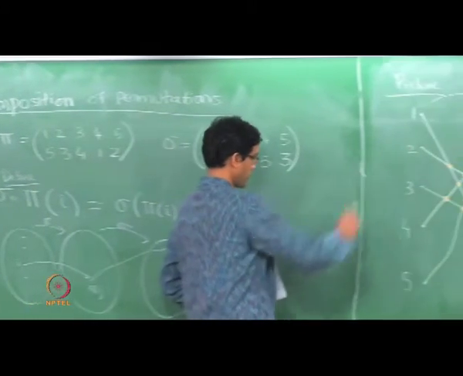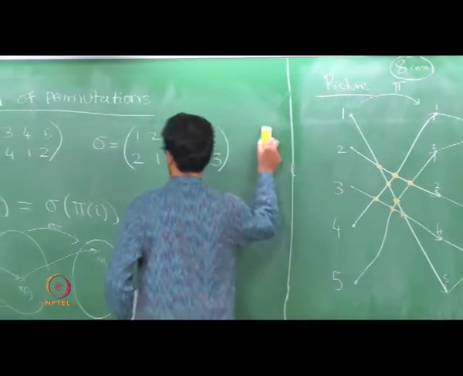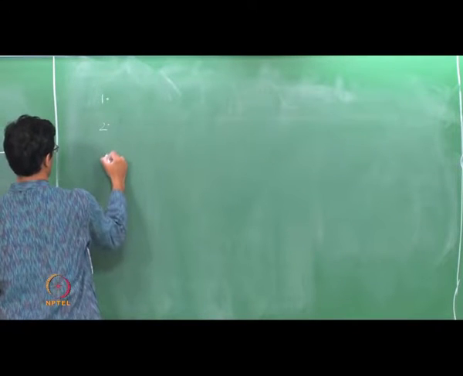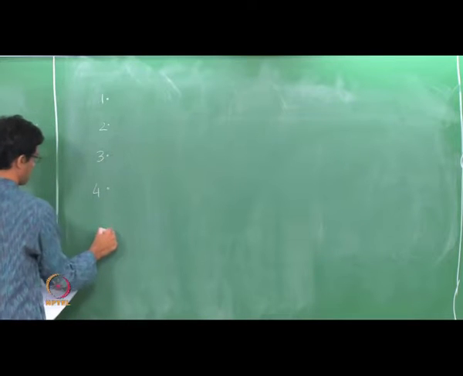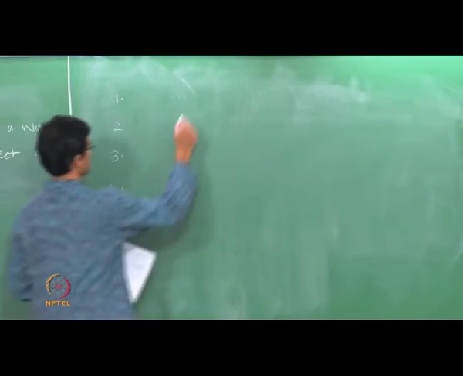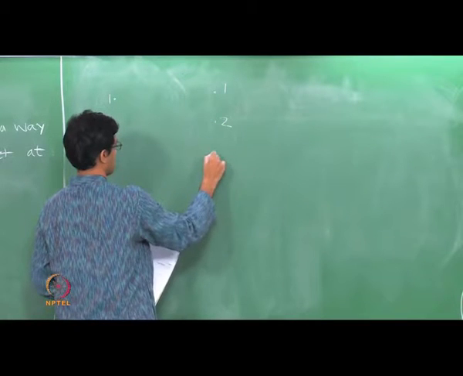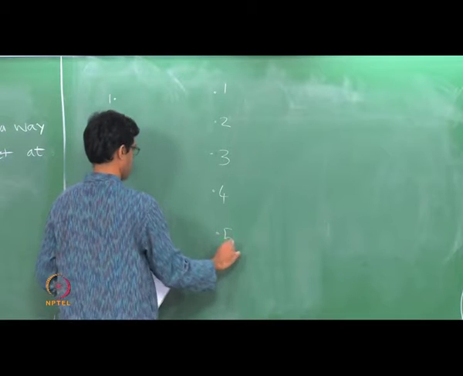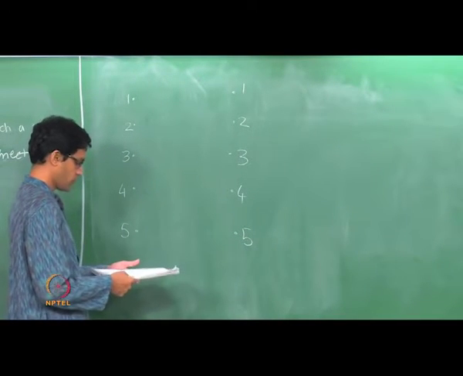So I will take these 2 things and I will compose them. So let me see what the composition looks like. Again we will just write the numbers down and let us just compose these two things.